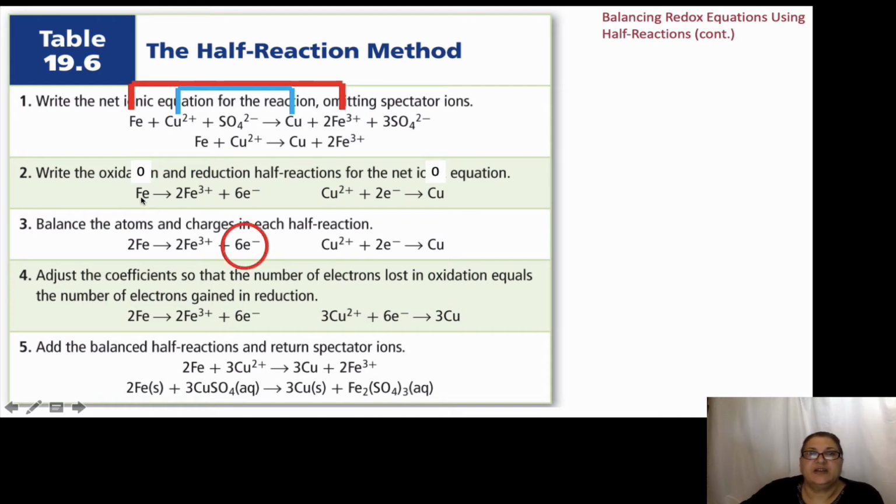Now when iron goes from 0 to +3, it has a 2 in front of it, so that means 6 electrons were lost. For copper, 2 electrons are gained because it went from +2 to 0.